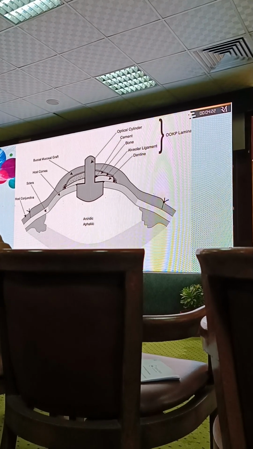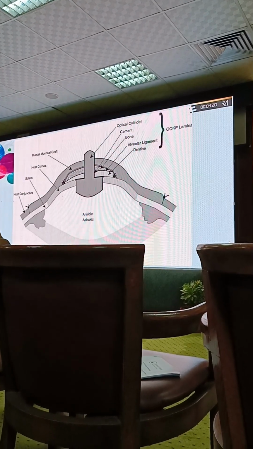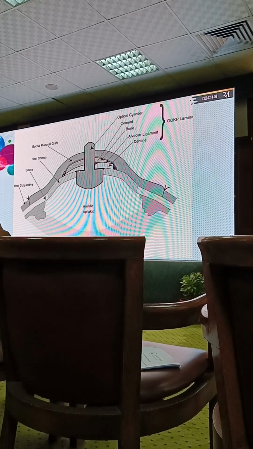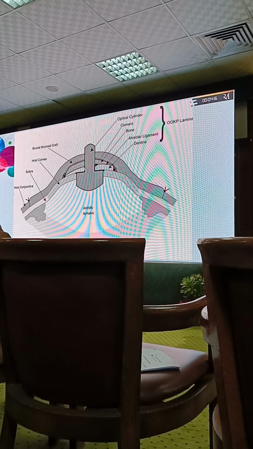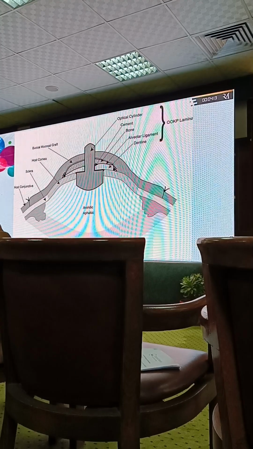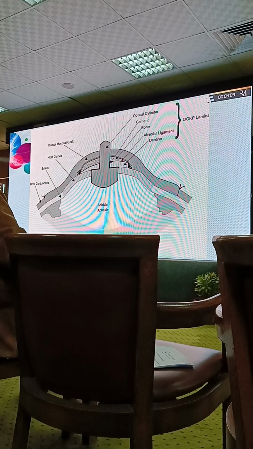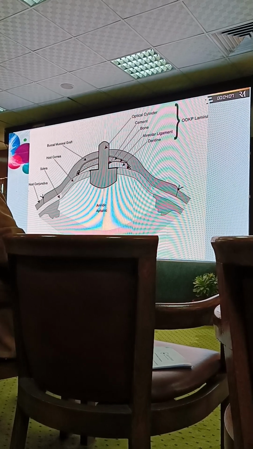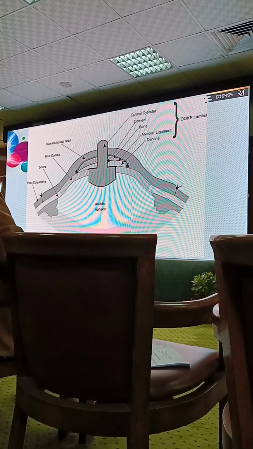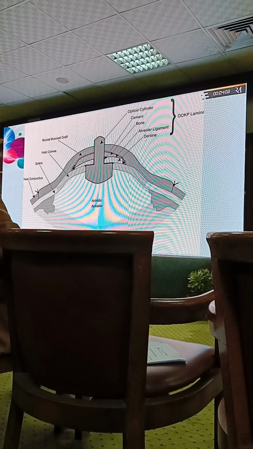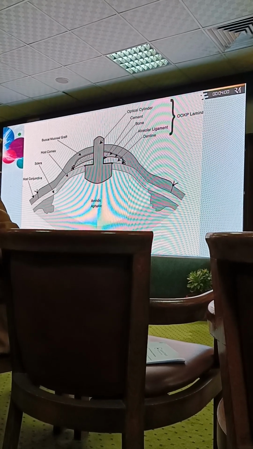And here is the carrier, which is the dental lamina formed of the bone and the dentine. The dentine is considered the strongest structure in the body after the bone, of course, but it has a very good criterion, that it is avascular.